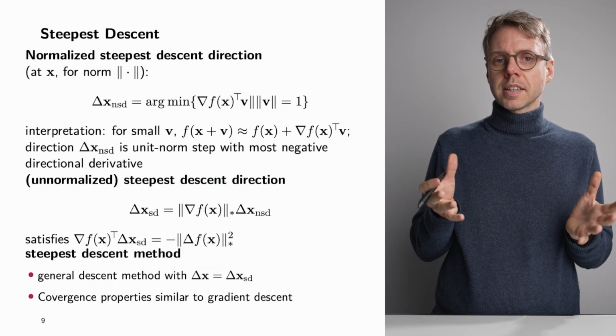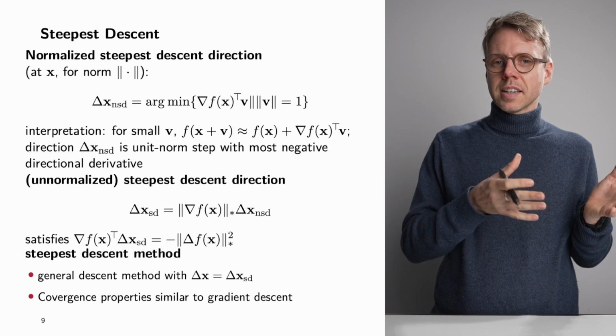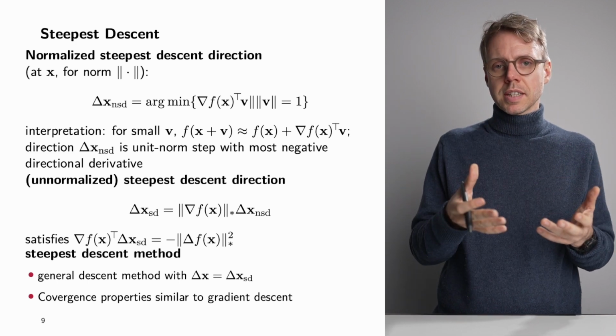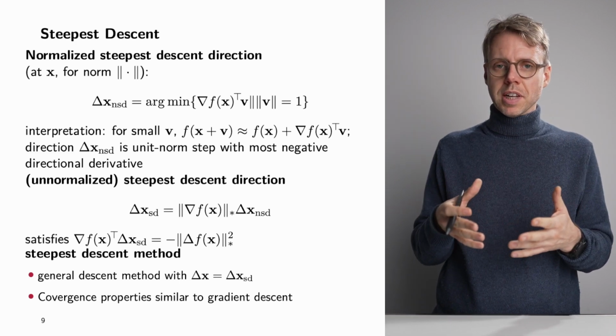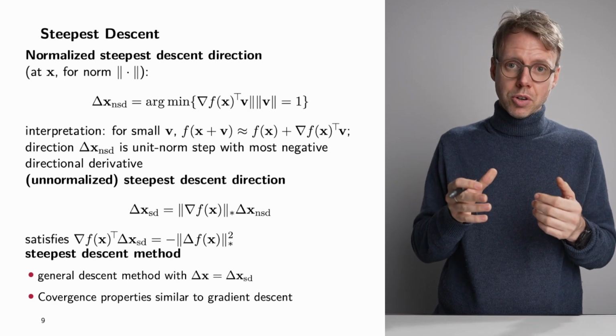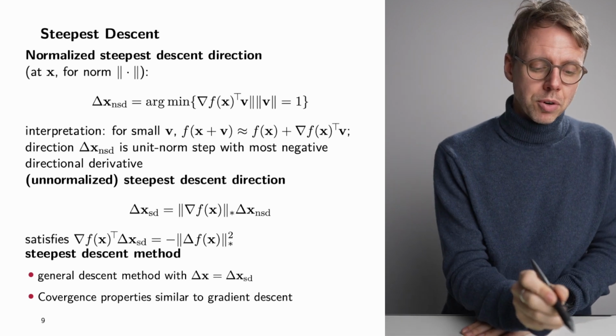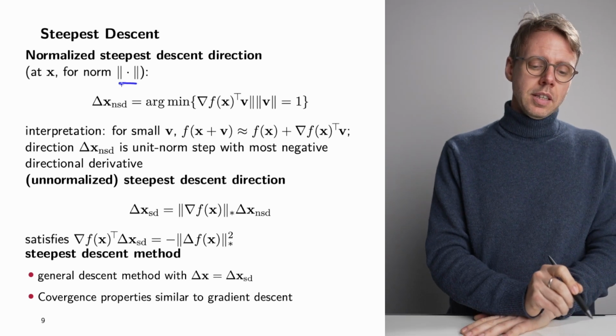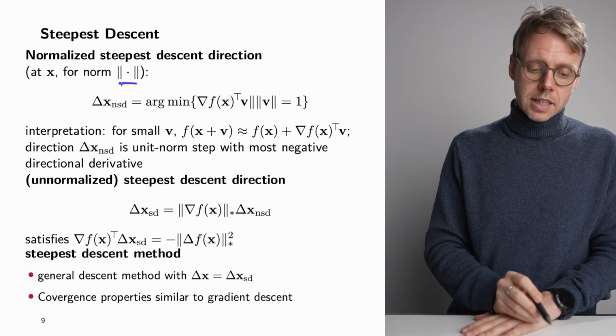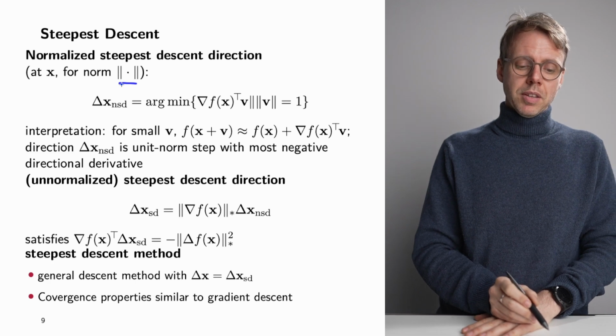I've already stated that gradient descent corresponds to steepest descent as long as we're measuring our error with an L2 norm, so a Euclidean norm. Generally, if we have some arbitrary norm, the normalized steepest descent direction would be the following.